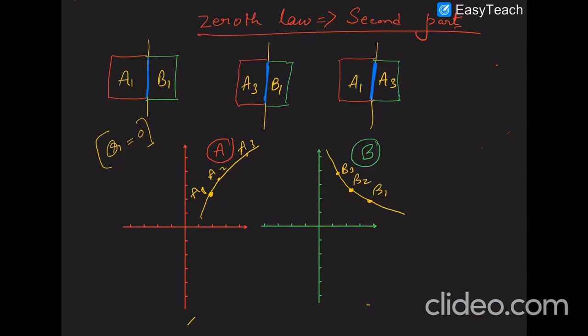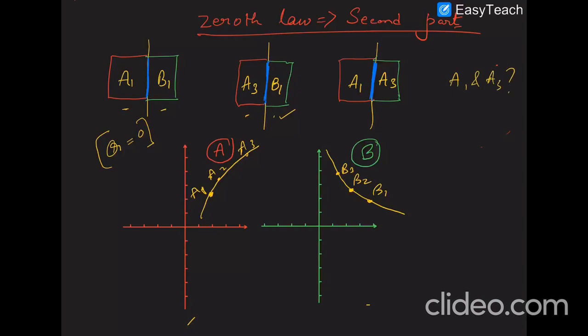On the similar hand, we fixed B and found the locus, and every point in that locus will also be in thermal equilibrium with the point B. Now we also answered that if B1 is in thermal equilibrium with A1 and B1 is in thermal equilibrium with A3, what about A1 and A3?